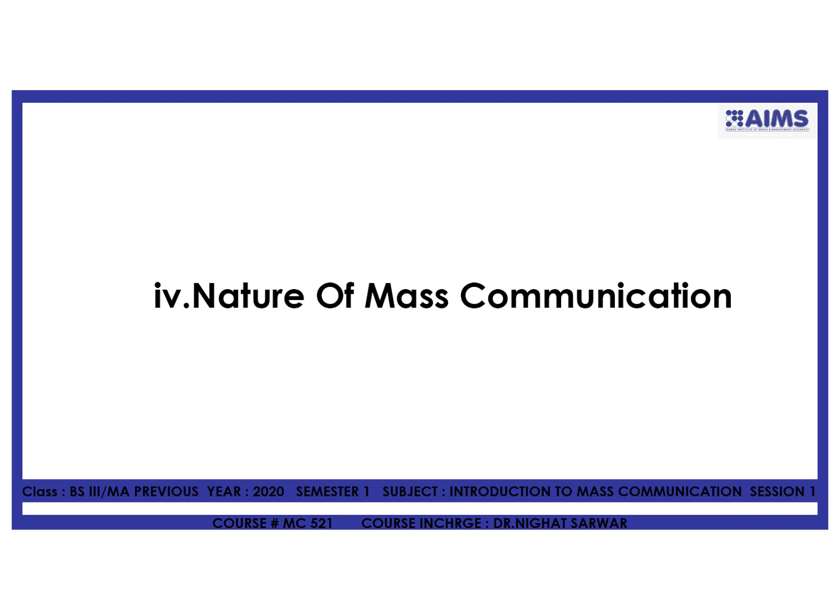Now come to the nature of mass communication. The salient characteristics of traditional mass communication. Here are the 5 traditional defining features of mass communication. Mass communication is produced by complex and formal organization.